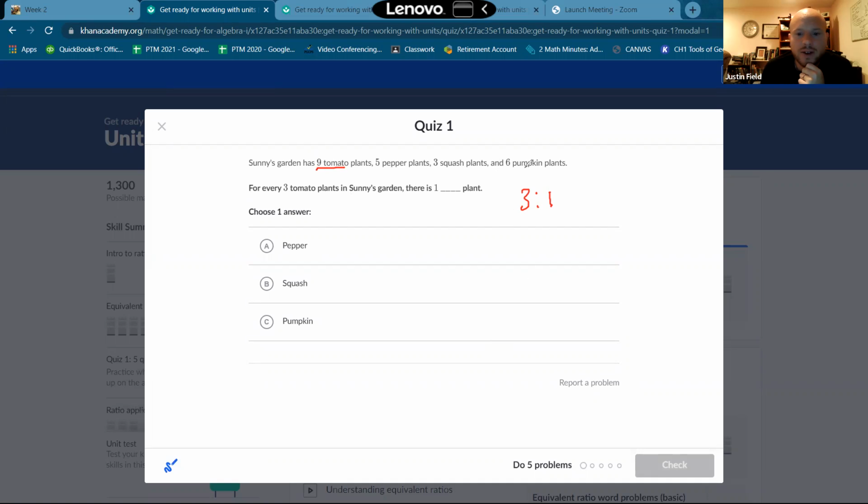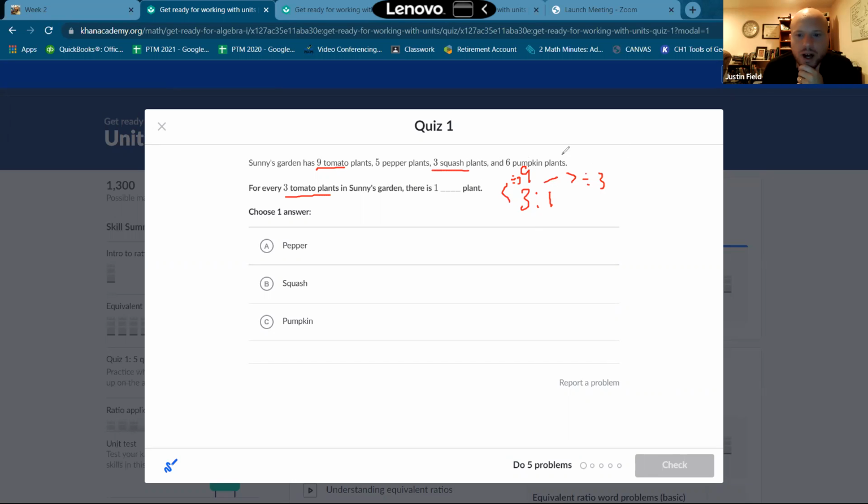Well, we know we have 9 tomato plants, right? And then it's asking about if we only had 3 tomato plants. So we would have to take this 9 and divide it by 3 to get 3, right? So what other number in this list, if we divided it by 3, we get 1? Well, it's got to be 3.